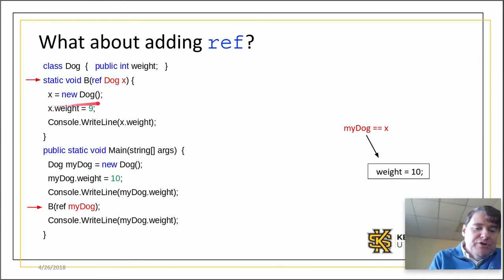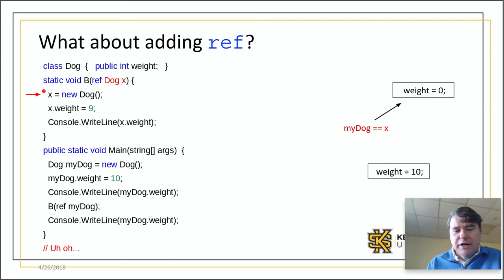Now, here's what's weird. The very first thing I'm going to do up here is say X gets new dog. You'll notice that my X and my dog are the same variable. So when I called X gets new dog up here, both of them get sent to this new dog that's created up here.